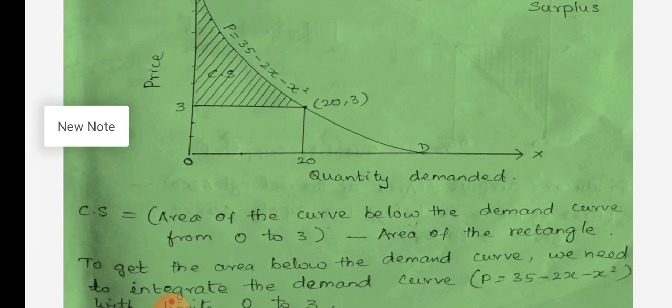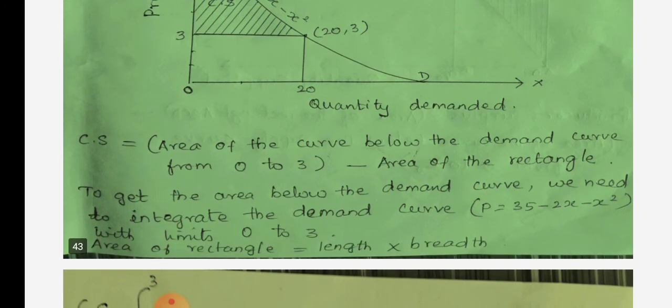That is the area of the demand curve which lies from 0 to 3. From 0 to 3, you will be able to find the whole area. From that, we have to take away the rectangular portion, which is the unshaded portion. When you remove that area, you would be getting the consumer surplus, the shaded portion. Now, how to get the area below the demand curve?